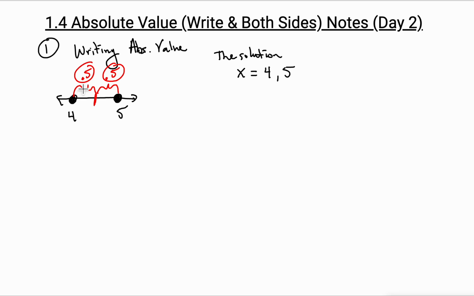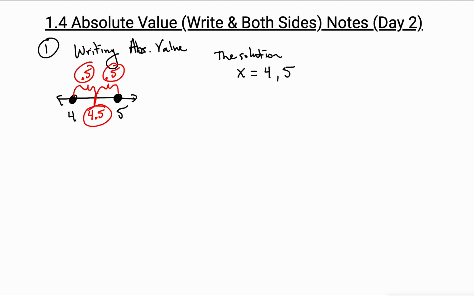Those are the important pieces that we need. So that 0.5, the number up here, is how far away they are from that center, and our center is 4.5. Those are the numbers that we need. So a graph really just helps us organize that, plotting those points and looking at where those things are.